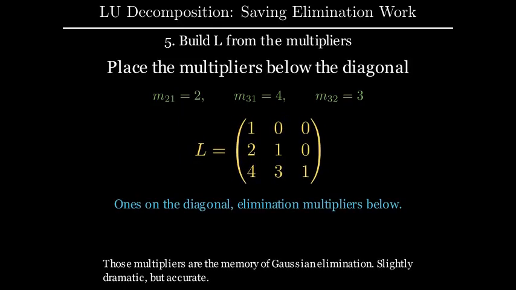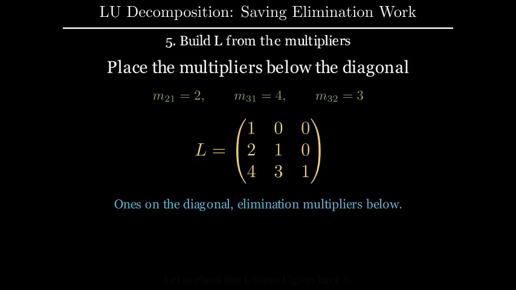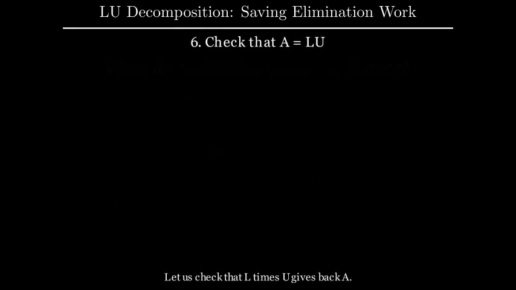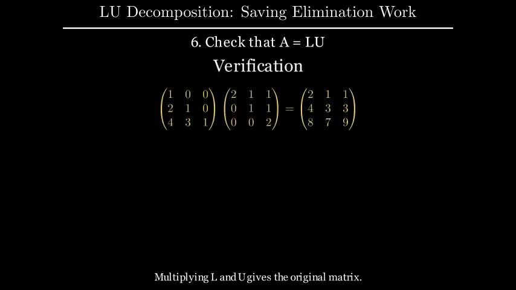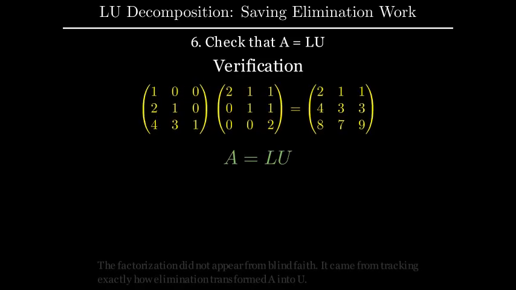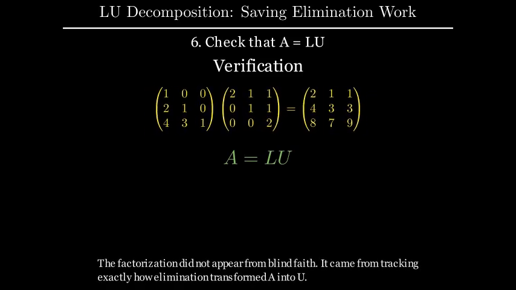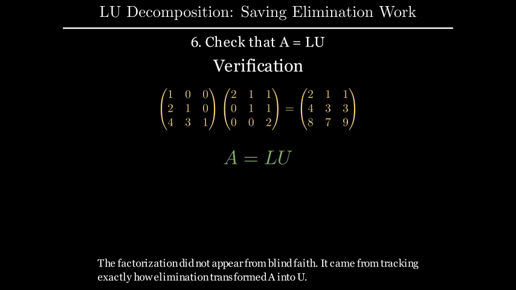Slightly dramatic but accurate. Let us check that L times U gives back A. Multiplying L and U gives the original matrix. Therefore A equals LU. The factorization did not appear from blind faith. It came from tracking exactly how elimination transformed A into U.